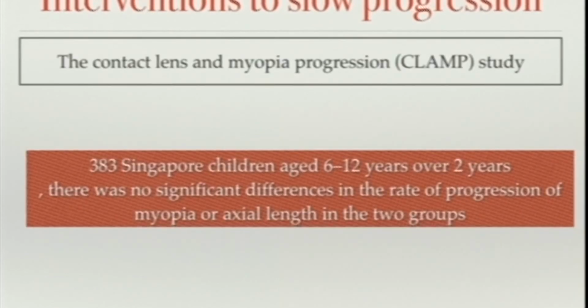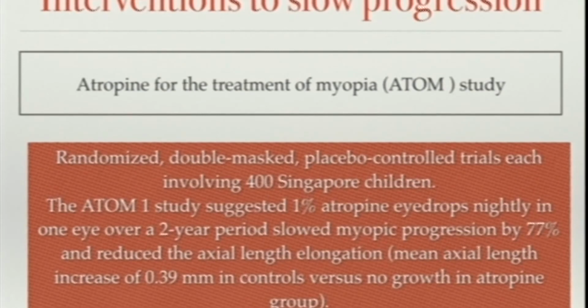Another study was the CLAM study, which is the Contact Lens and Myopia Progression study done in Singapore. Again, this is not very commonly followed. One of the most promising interventions to slow the progression of myopia is the Atropine for the Treatment of Myopia study. ATOM 1, ATOM 2 and ATOM 3 studies have come out.